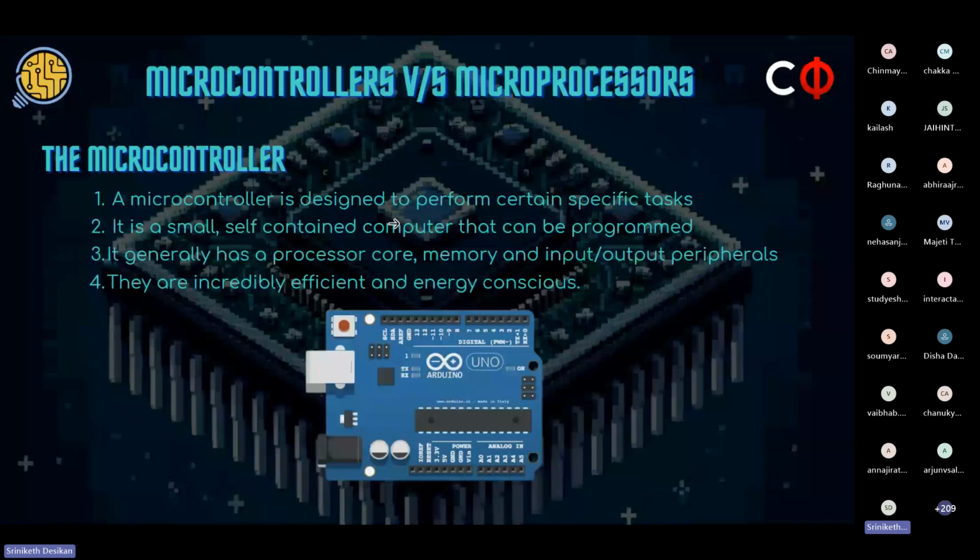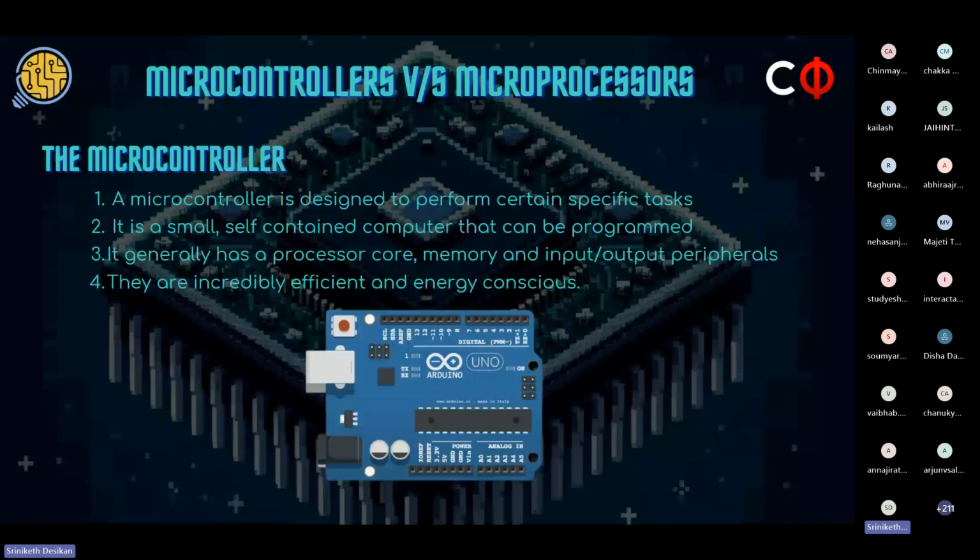So a microcontroller is essentially a tiny computer that is specially built to perform specific tasks, which may involve controlling some devices. It is the brains behind many objects we use in everyday life. The microcontroller is special in the sense it is designed for specific tasks, which means it prioritizes efficiency.